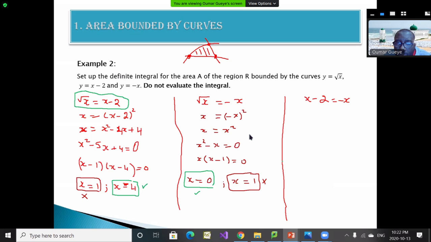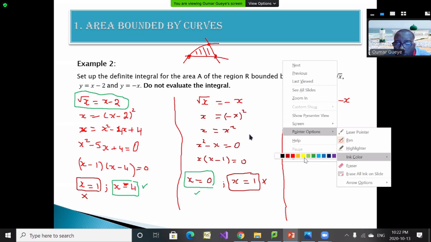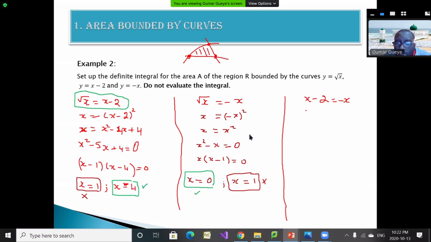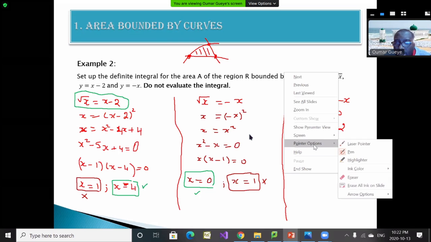I'll get 2x minus 2 equal to 0, 2x equal to 2. So it means x equal to 1. One solution. So here, we don't have a square root, so we don't need to verify anything. If you do it, it's also going to work. You can verify if you want, and you can see the solution is valid.